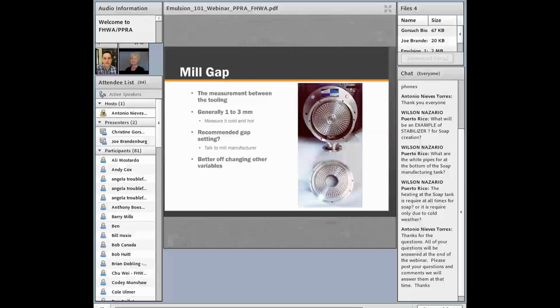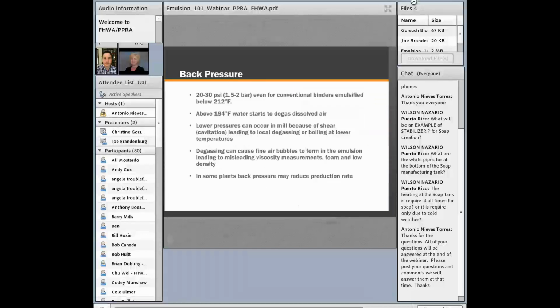Not all are like that, but I think there are easier ways to reduce the size of your emulsion particles than adjusting the mill gap. Talk to your manufacturer and see what they recommend, because it may be as simple as adding more back pressure, adding 5 degrees to your asphalt, or adding 10 degrees to your soap, versus messing with the mechanics of the mill and potentially rupturing a seal or a gasket.